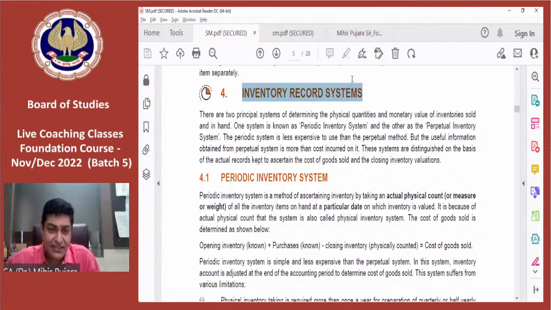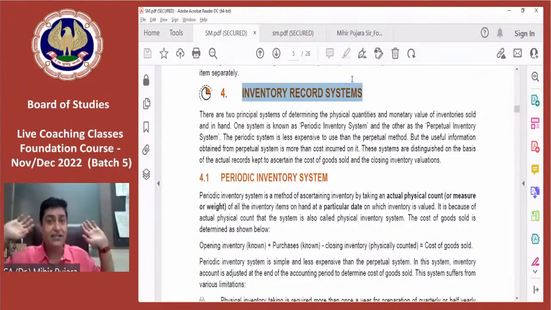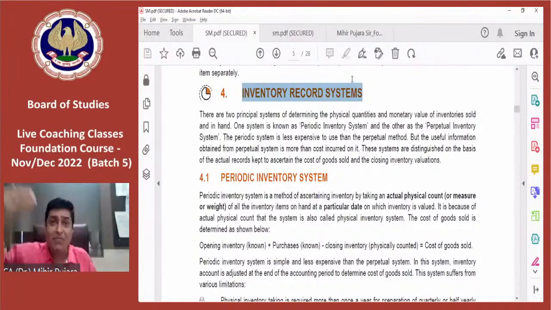What is this? Sir, we are maintaining records in software, in Excel, in Tally. We are maintaining records for every purchase, for every sale, and then we are finding our closing stock. So we know what amount of opening we have, what amount of purchase we have, and what amount of sale we have.